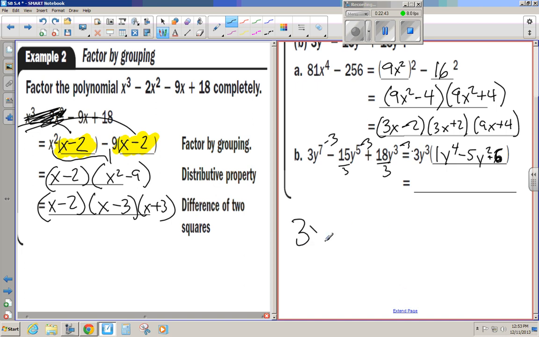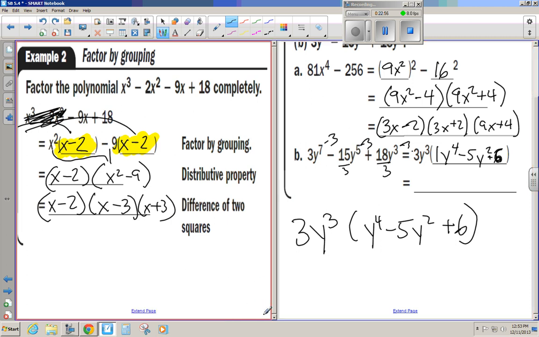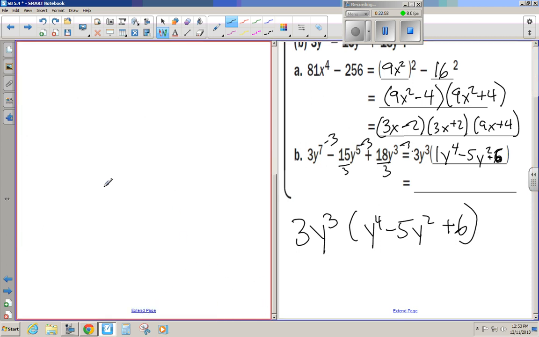So what we have now is 3y cubed times y to the fourth, minus 5 y squared, plus 6. And this is really scary to me. I think it's probably scary to you as well. So what you do is let's just pretend y squared is equal to a.